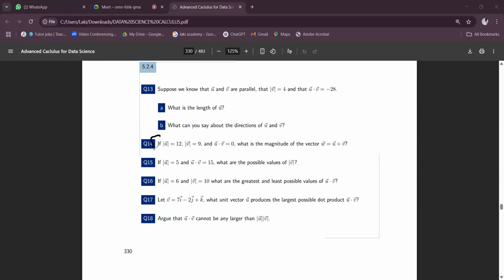Now can you tell the magnitude of this? We have the magnitude of u as 12 and of v as 9, and u dot v equal to 0. What's the magnitude of the vector w, which is u plus v?